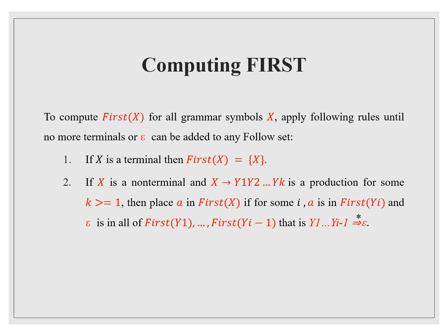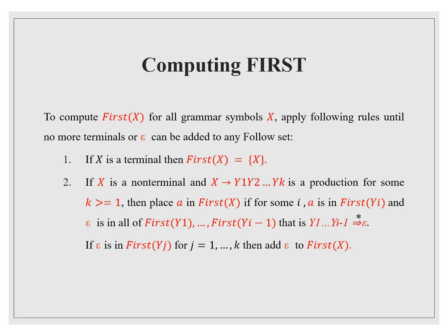So what do we have to do? We have to place alpha in FIRST of X if for some i, alpha is in FIRST of Yi and epsilon is in all of FIRST of Y1 through FIRST of Yi-1, or we can say that Y1 through Yi-1 derive epsilon by applying zero or more productions.